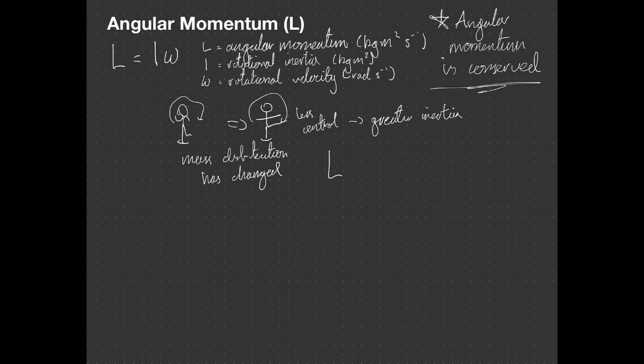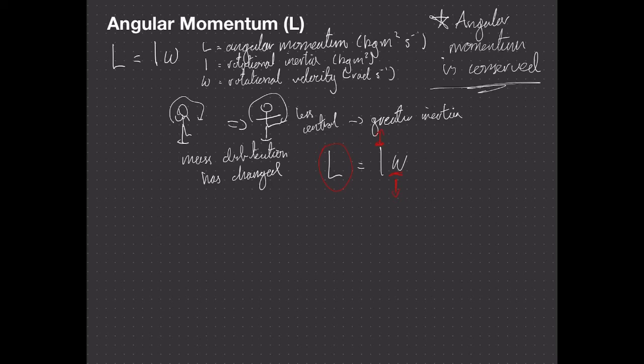So, L equaling I omega, okay, if our momentum is conserved, so stays constant, our inertia has increased because we've got a less central mass distribution about the point of rotation, okay, our angular velocity must decrease.